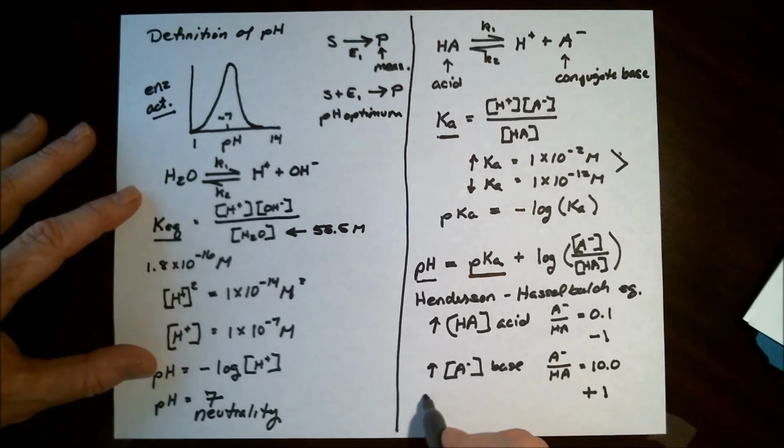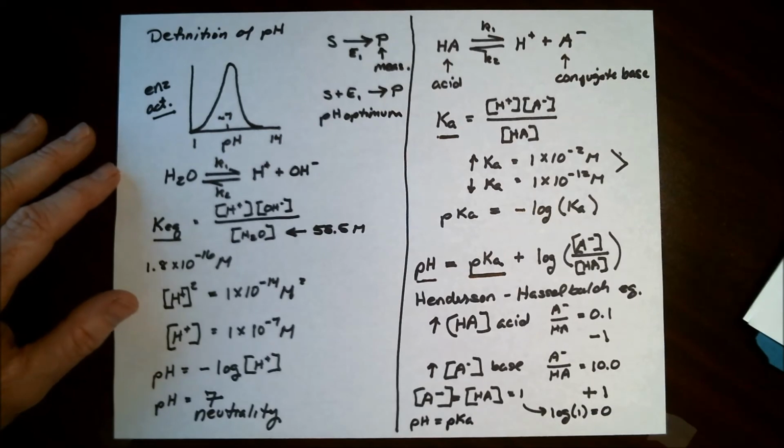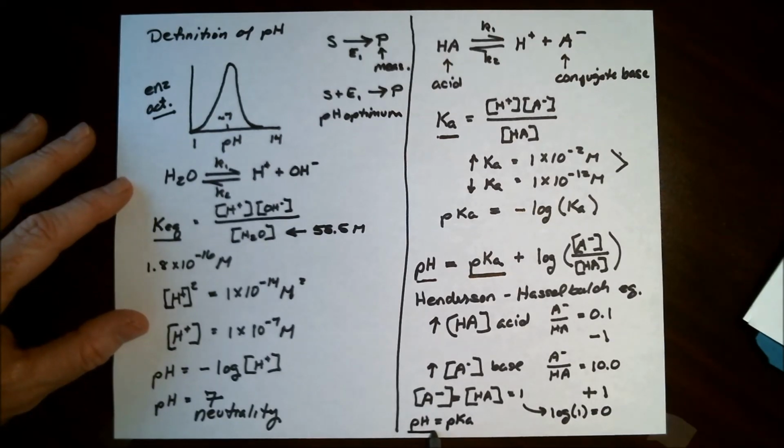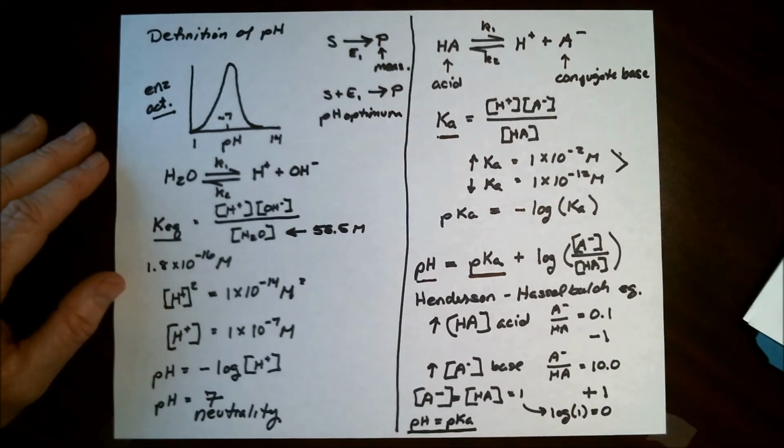When the concentration of conjugate base equals the concentration of acid in solution, this ratio equals 1. The log of 1 equals 0. So this defines the pH being equal to the pKa. And this will become very important when we start talking about titrations of buffering chemicals and amino acids.